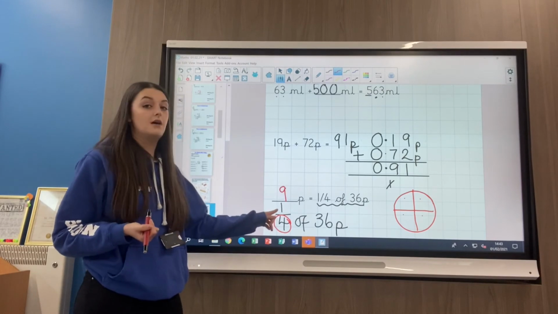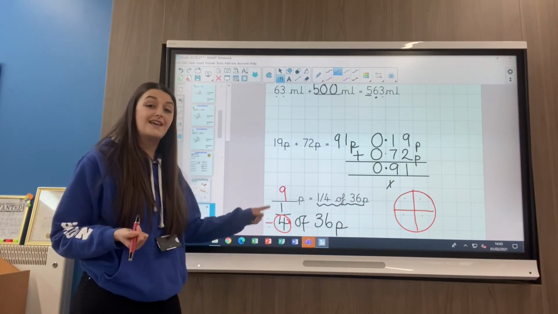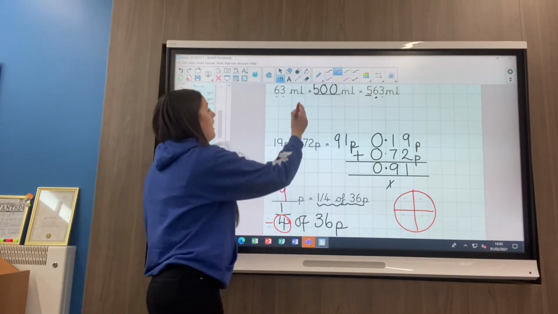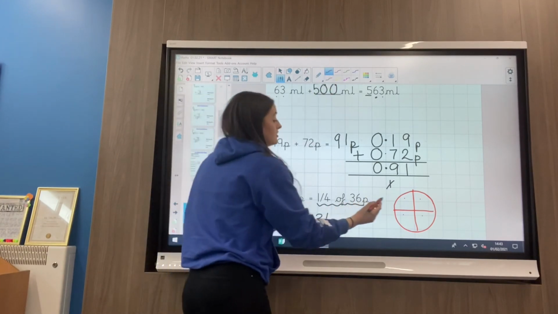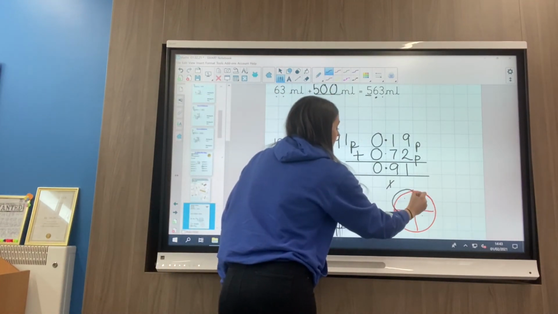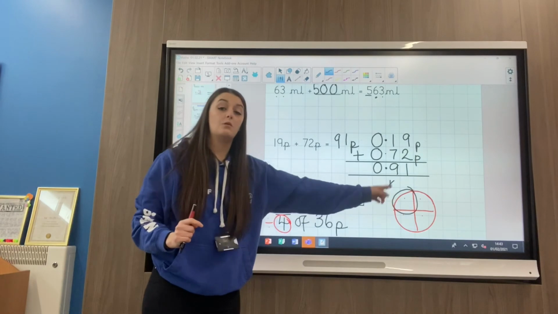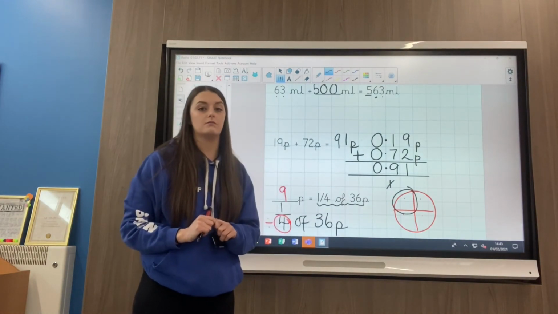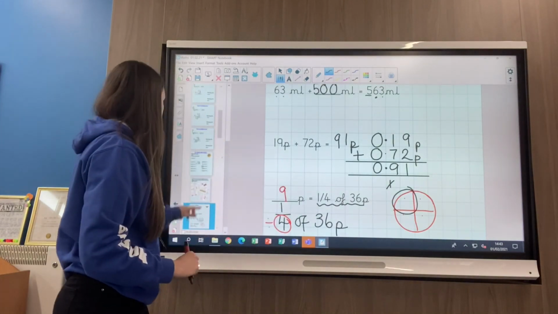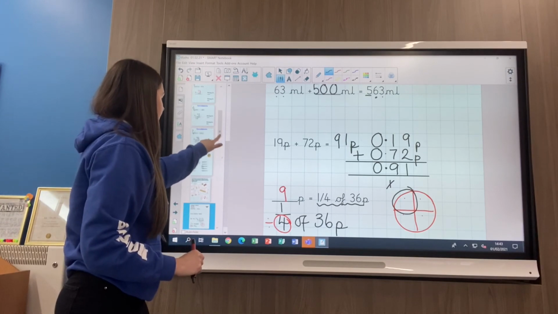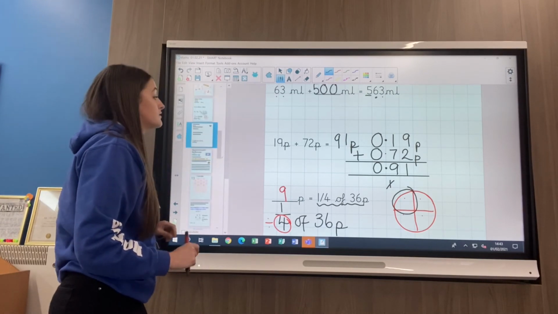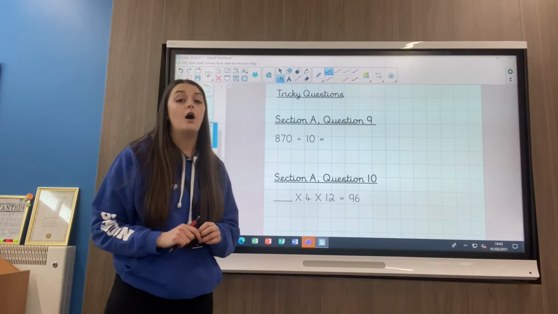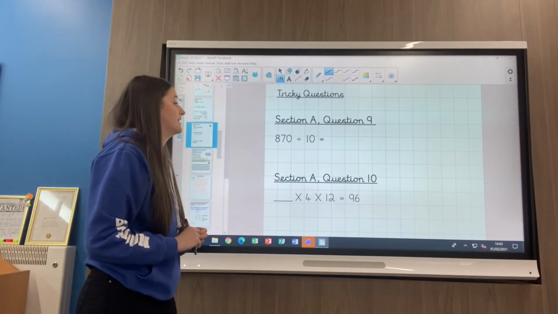But remember, your numerator is only telling you it wants 1 of those parts. So when you've shared out those pennies equally, you only need to count how many is in one of those quarters, okay?